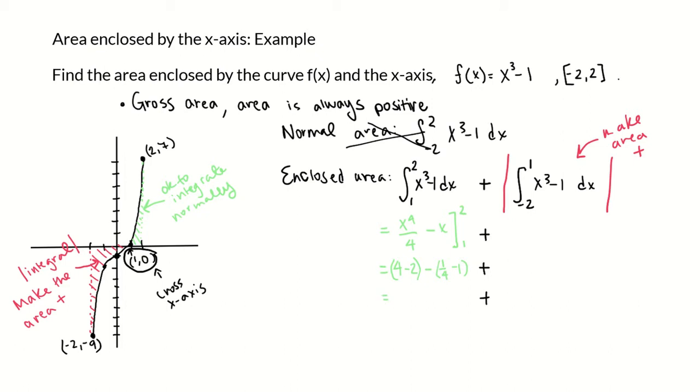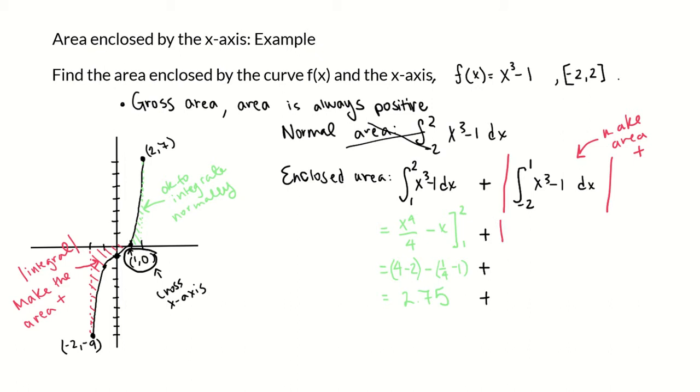So this first integral is going to be 2 minus -3/4, so 2 plus 3/4, or 2.75 for that first area that's drawn in green.